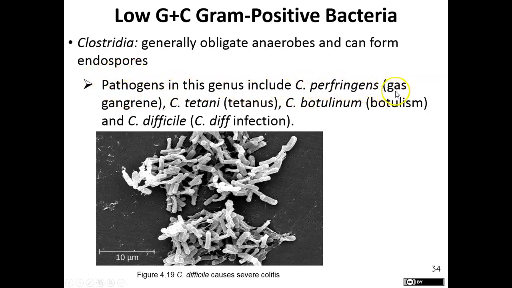Clostridium perfringens produces gas gangrene. Clostridium tetani produces tetanus. Clostridium botulinum produces botulism. And Clostridium difficile produces C. diff infection or severe colitis. And that's what you're seeing here, Clostridium difficile. And this is figure 4.19.